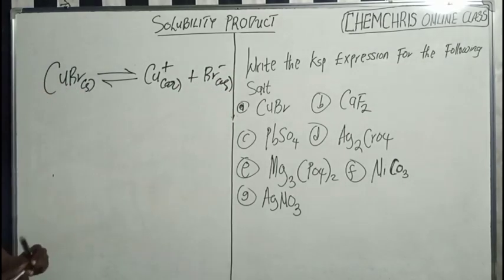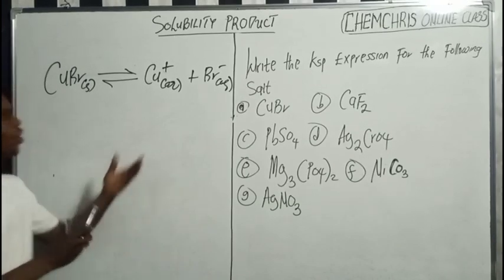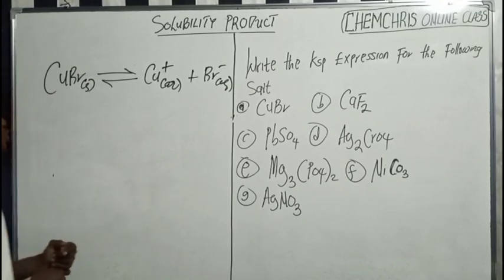Now the next thing you want to do is write the balanced chemical equation. It is already balanced. Since it's balanced, you just want to write the Ksp.